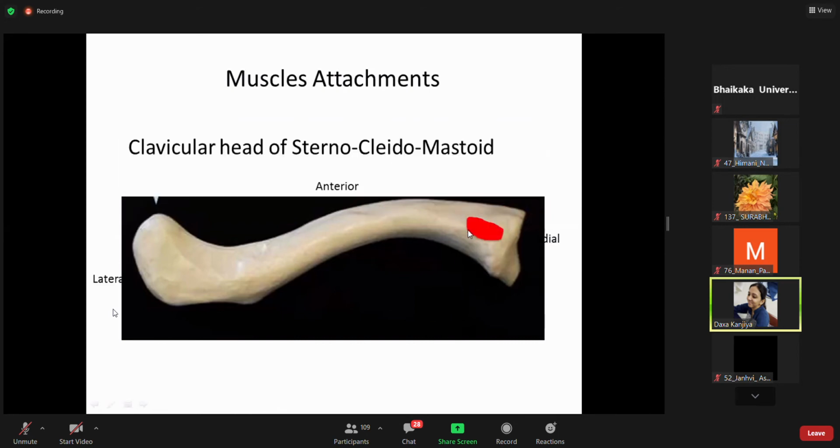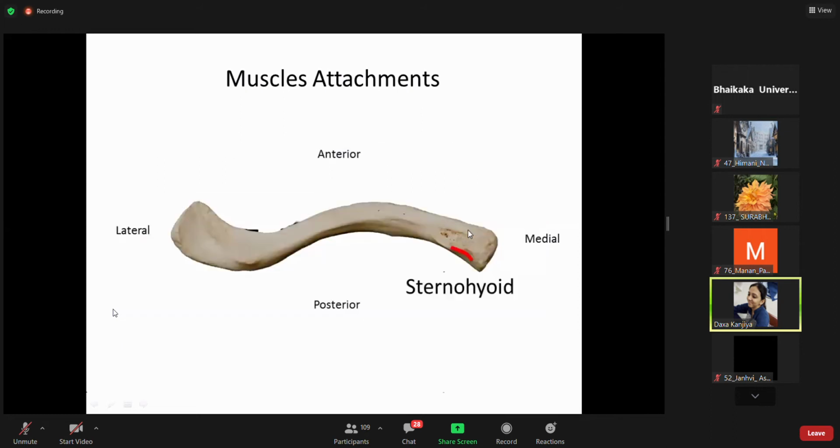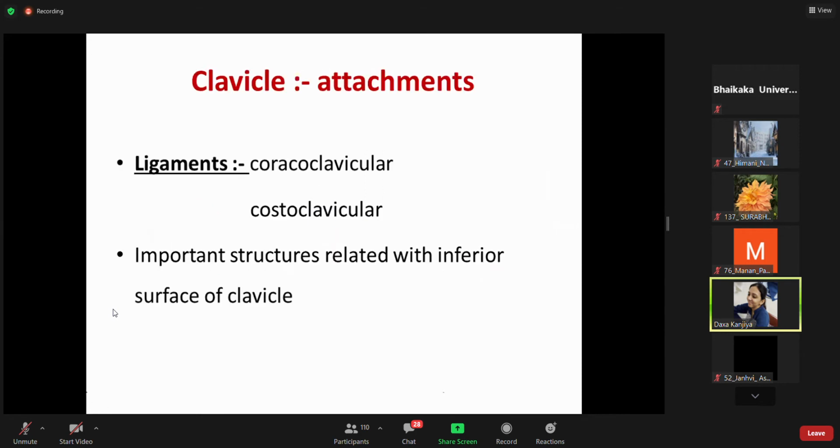On the upper surface, clavicular head of the sternocleidomastoid, and there is sternohyoid. And on the subclavian groove, subclavius muscle. And the ligaments, coracoclavicular and costoclavicular ligament.